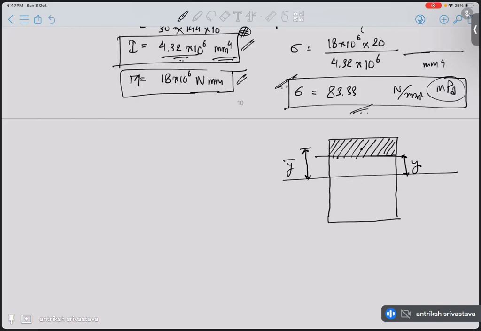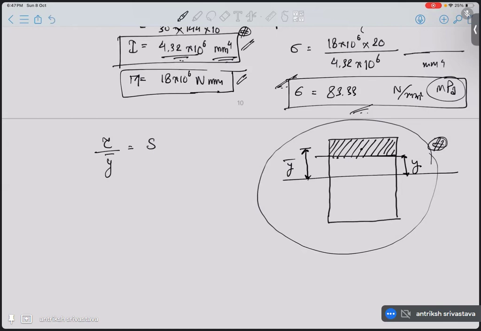So that formula is tau by y bar, sorry, tau is equal to the shear force at this cross section, times the area which is shaded here or highlighted here, divided by I, the planar moment of inertia, and by B.